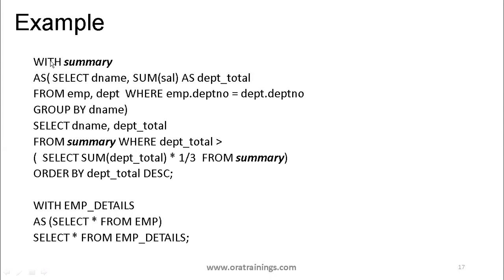Here we have with summary as, where we get the department number and the sum of the salary for each department, the total salaries. Then, using the summary logic, we retrieve all the departments where their salaries are greater than a particular logic, like maybe 30% of the department total. We are trying to get that.